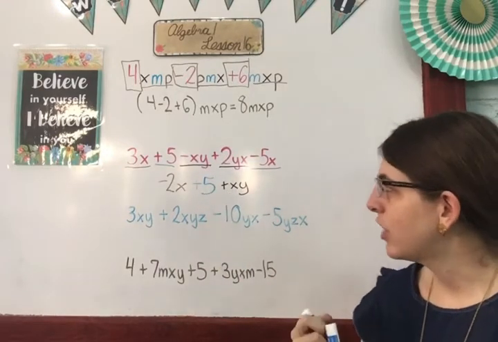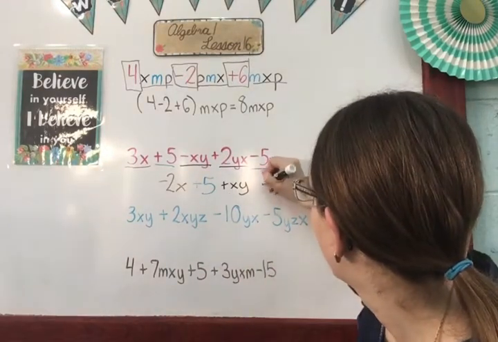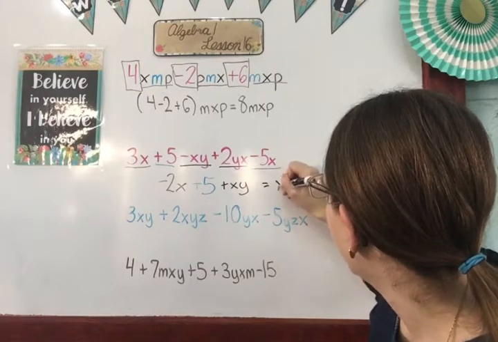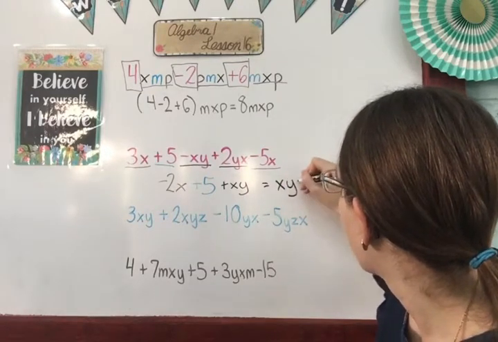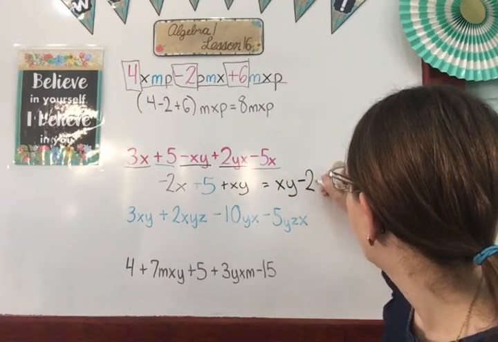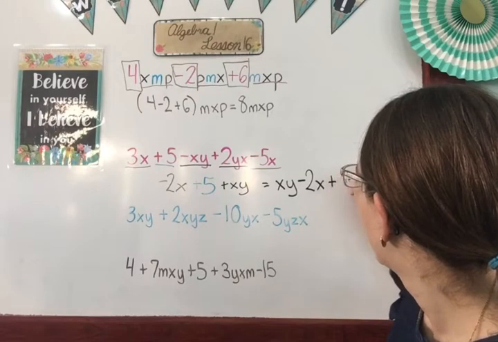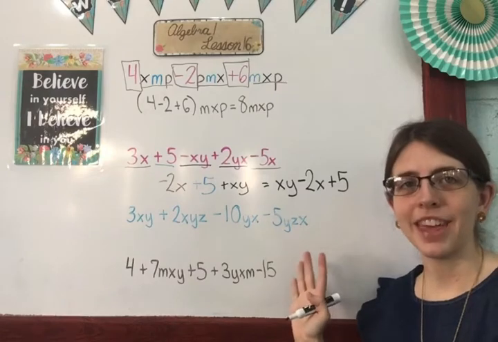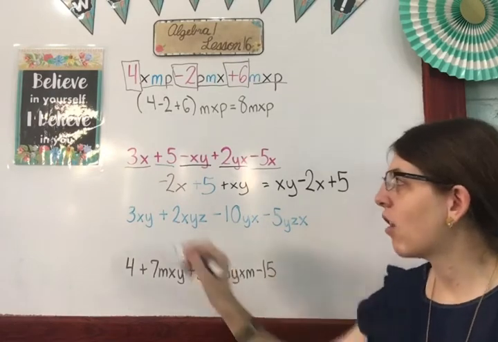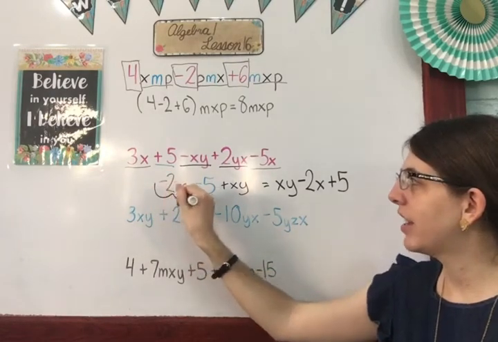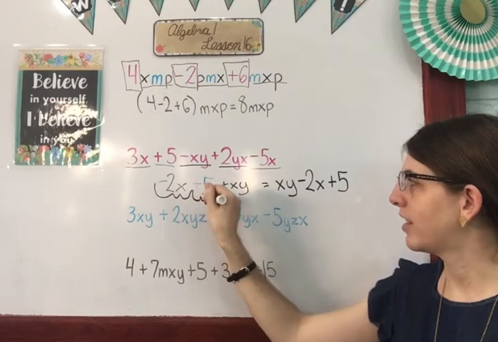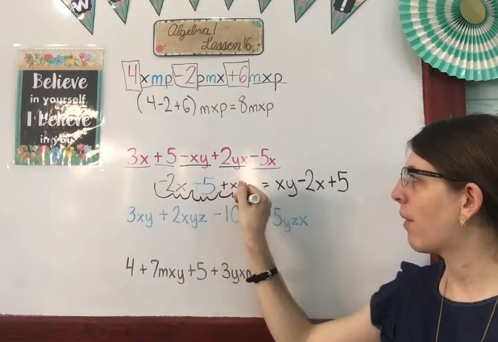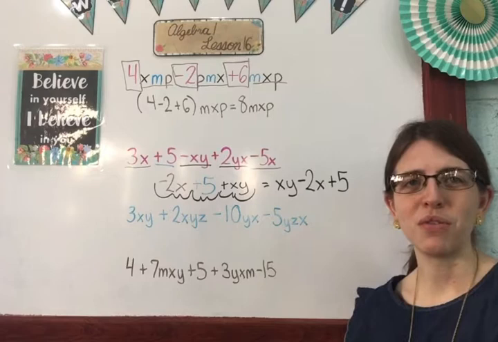I could rearrange this to be xy minus 2x plus 5. That's the same thing. I can move it around as long as the sign that's in front comes with it. Does not matter how I write it, what order I move it to.